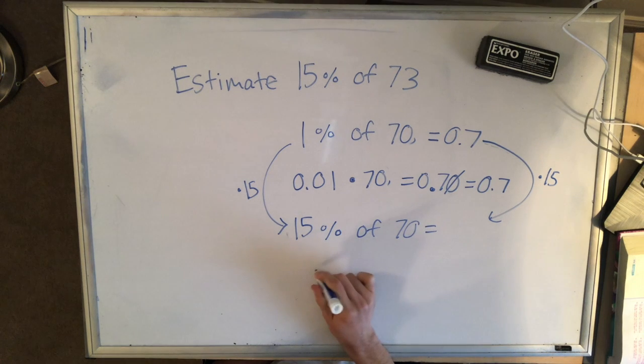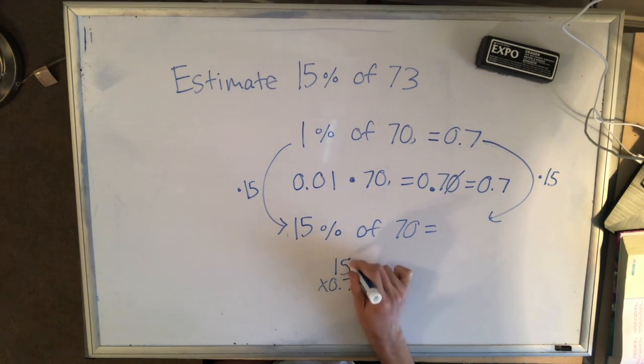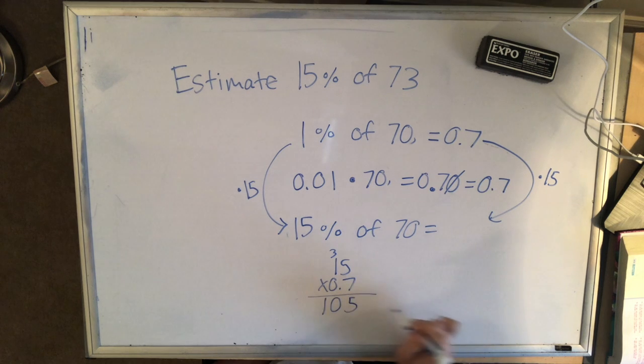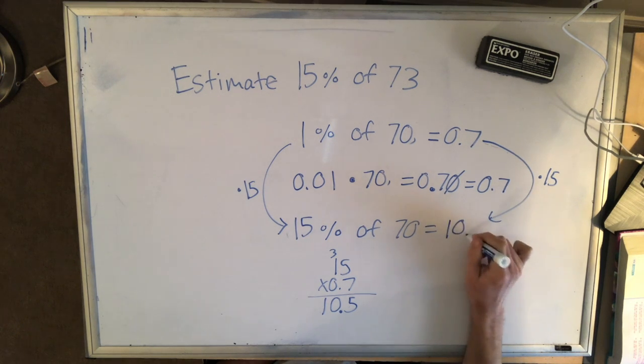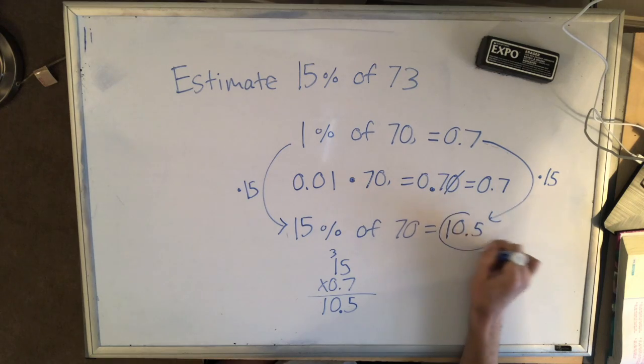So 0.7 times 15, or 15 times 0.7, 7 times 5 is 35, carry the 3. 7 times 1 is 7 plus 3 is 10. 1 decimal place total in the multiplication problem, so 1 decimal place in the answer. So you get 10.5 is approximately 15% of 73.